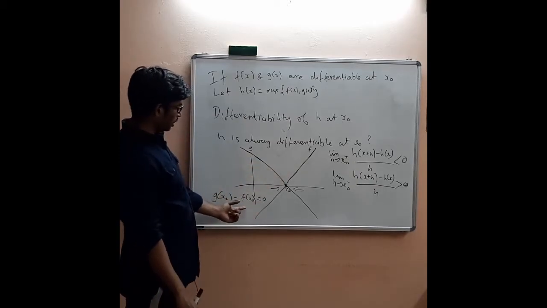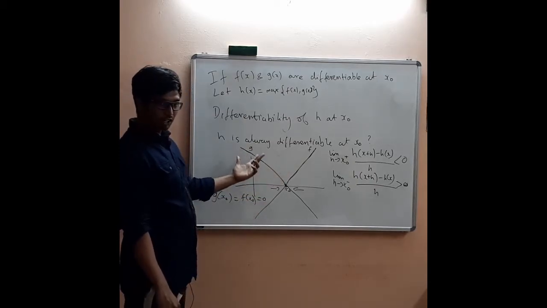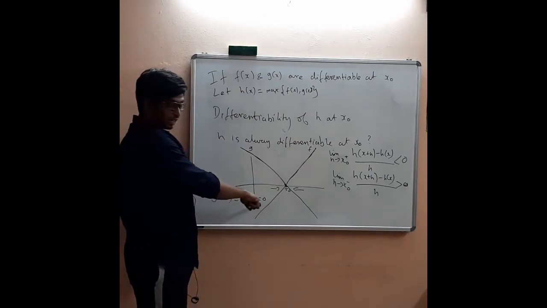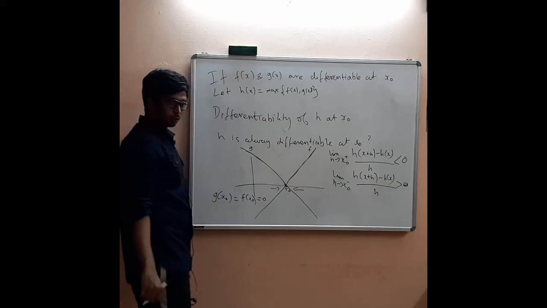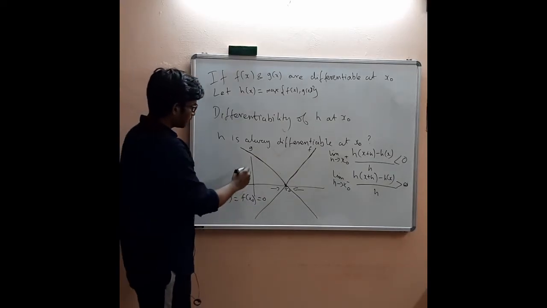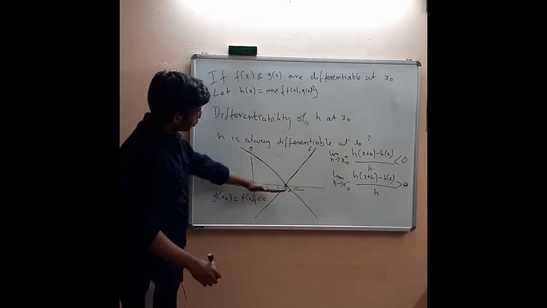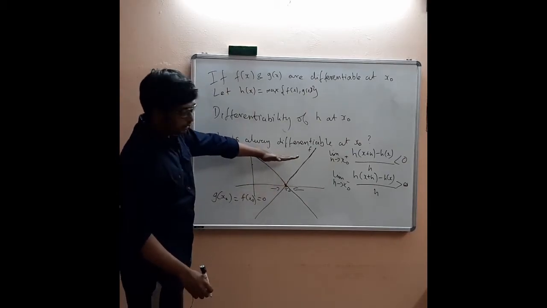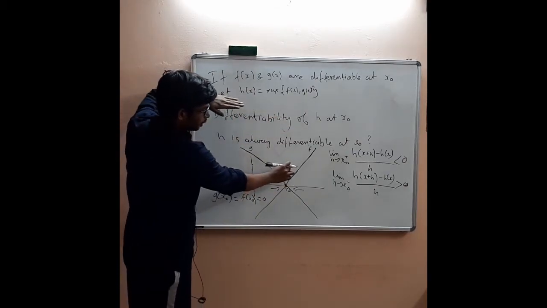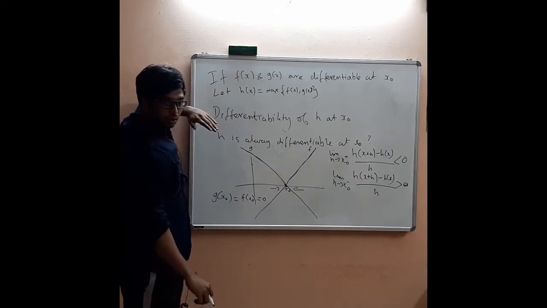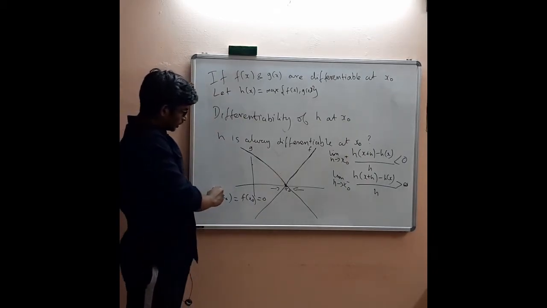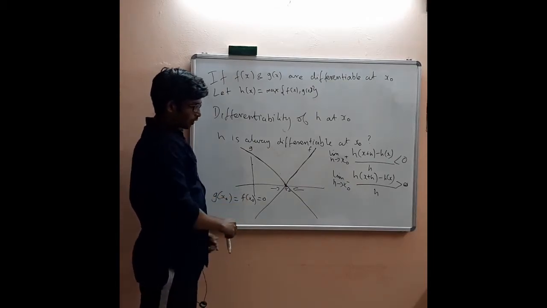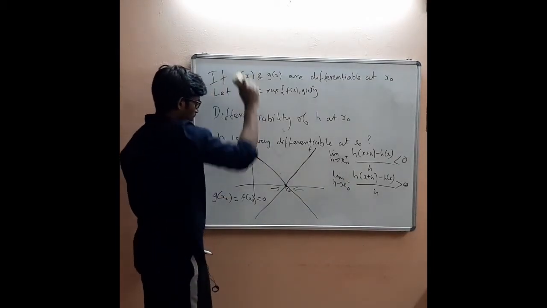This can be any real number. A simple example is 0. If you are thinking about, let's say, the number 2, we can shift these two lines till here and make them equal at 2. Then g of x naught is equal to f of x naught. We have a problem.